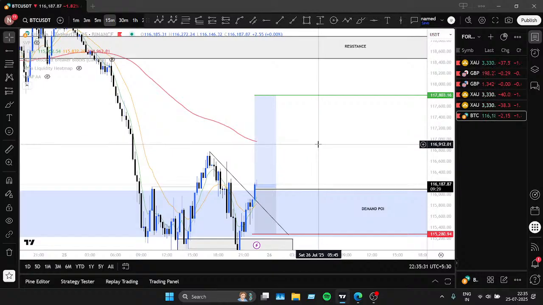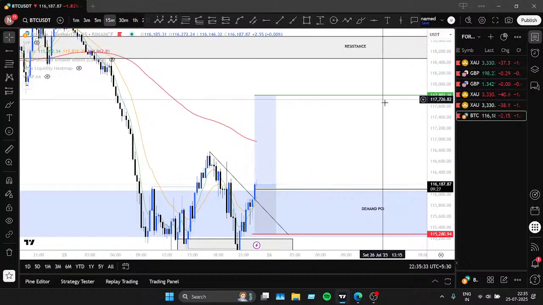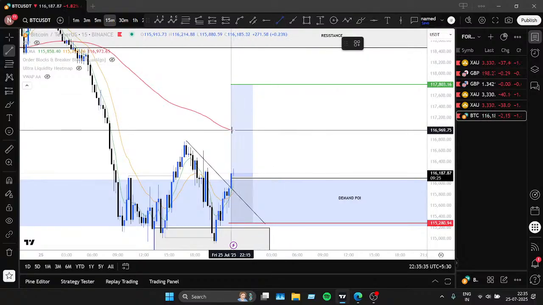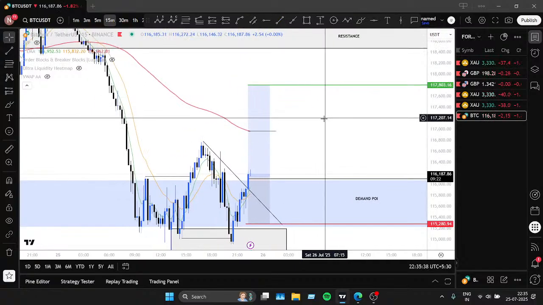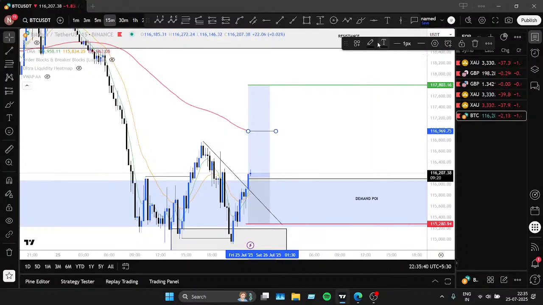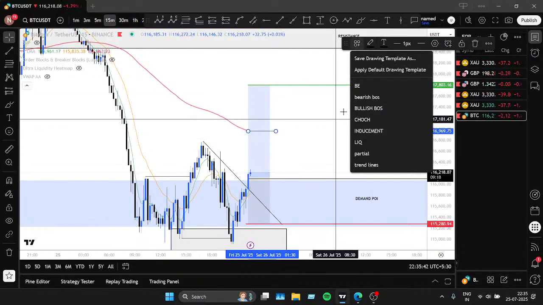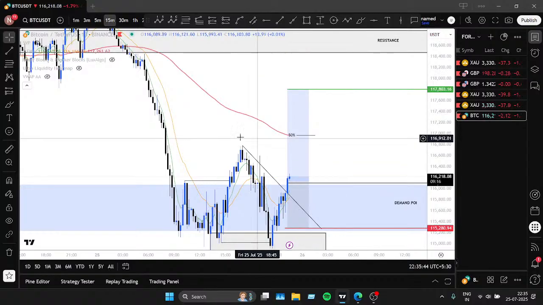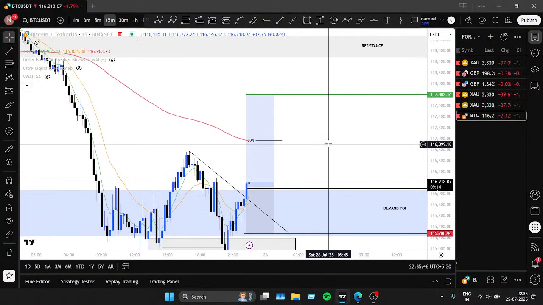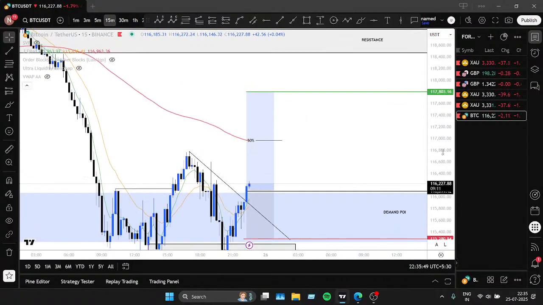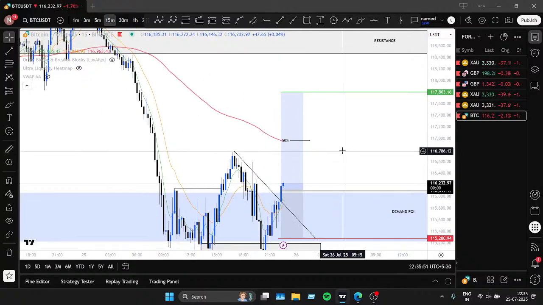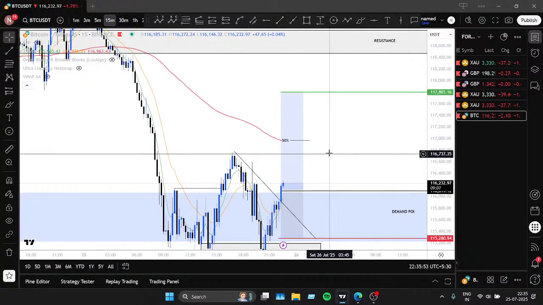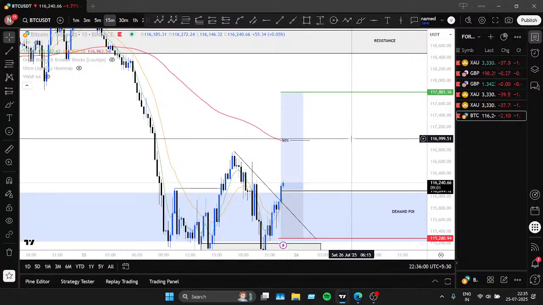You can set your TPs right at this particular level. You can take a partial if you want, or before the market closes for this week you can book all your profits, because during Mondays BTC is unpredictable.